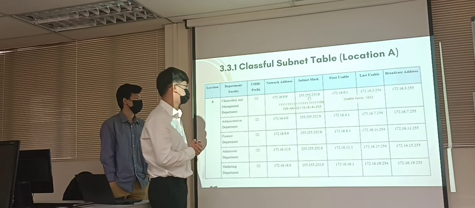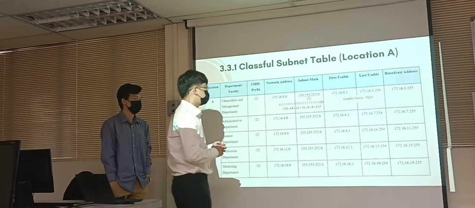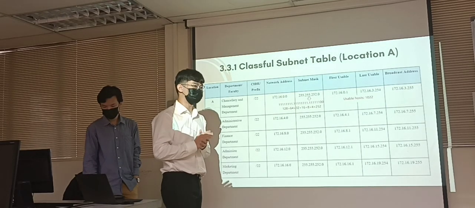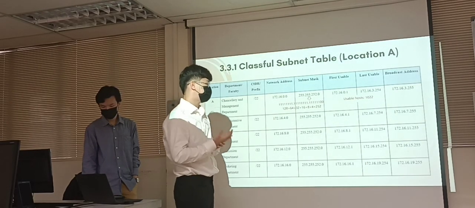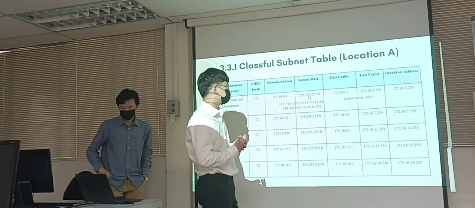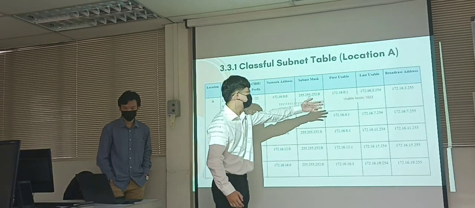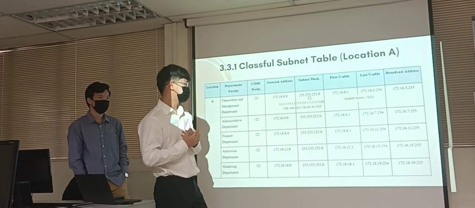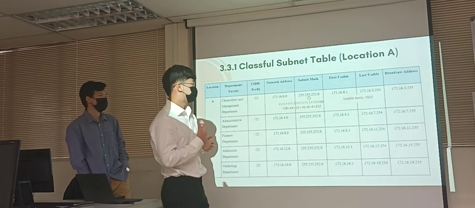And so in one subnet we will have 1024 hosts, and the usable hosts will be 1022. So from the first user until the last user, the range between them will have 1022.